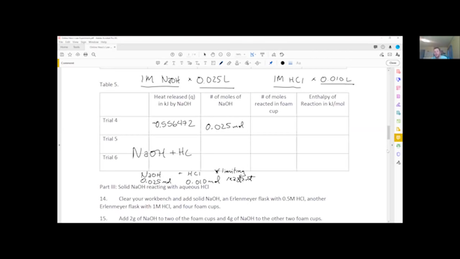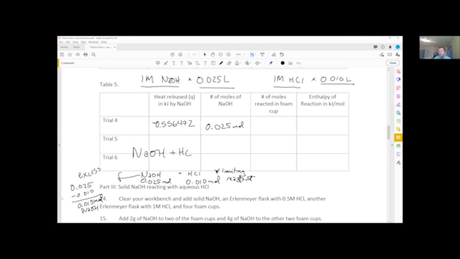Although we provided 0.025 moles of NaOH to this 0.01 moles of HCl, only 0.01 moles of HCl is going to react with the 0.025 moles of NaOH. So what does that mean? There's excess. How much excess? 0.025 minus 0.010, so approximately 0.015 moles NaOH.